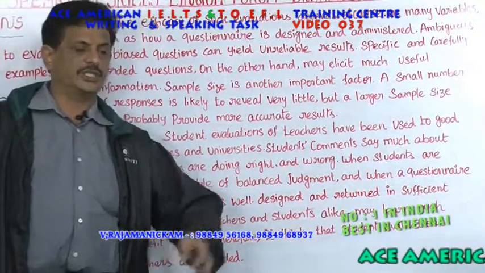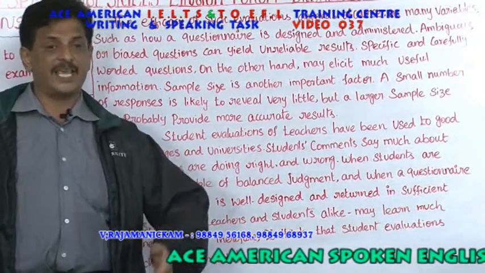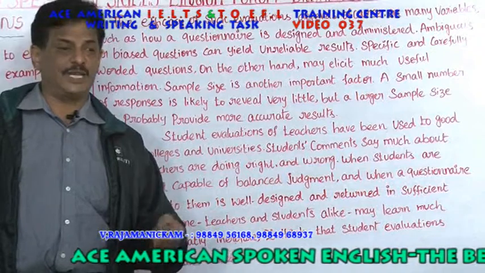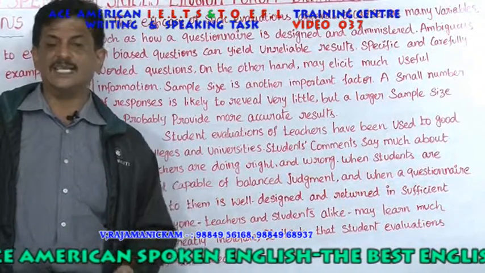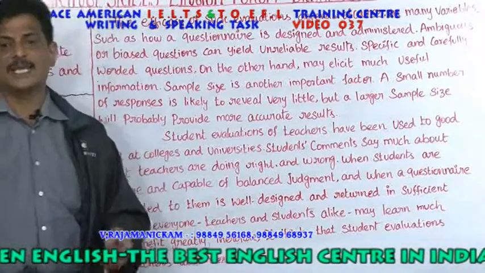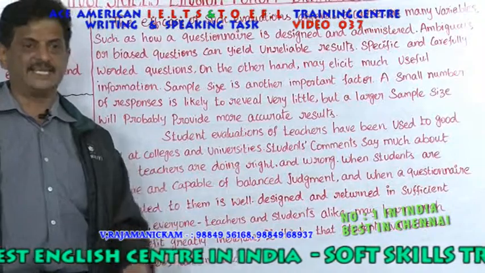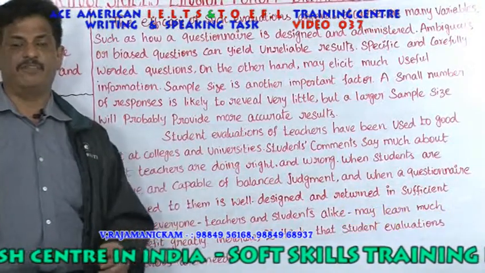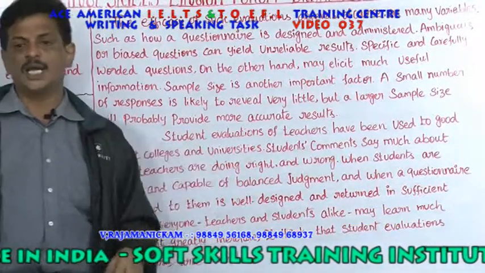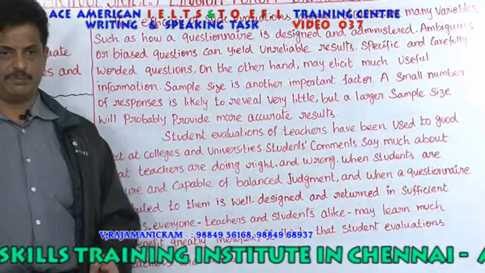So the questionnaires are distributed to the students and the students write back, and the teacher, seeing the evaluation, may correct the mistakes, and the students also are able to tell what their needs are. So it is a win-win situation, where both the teacher and the student can benefit from this type of assessment.